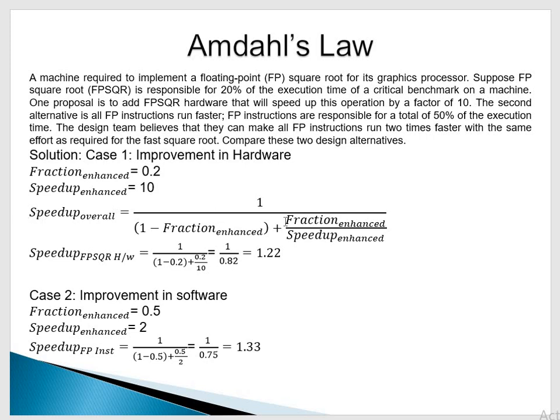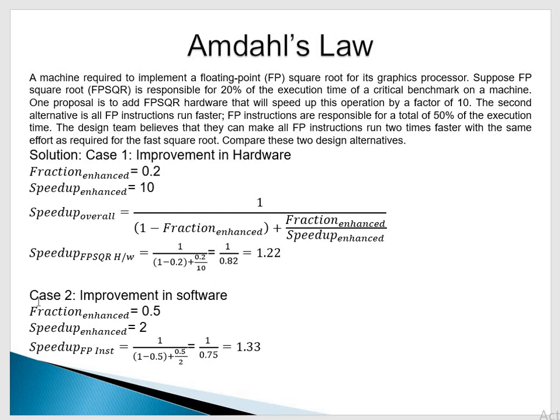This is the equation we will use to calculate it. After putting in the values, it gives us 1.22, which means if we improve the hardware of the machine under the given circumstances, the speed up will be 1.22.